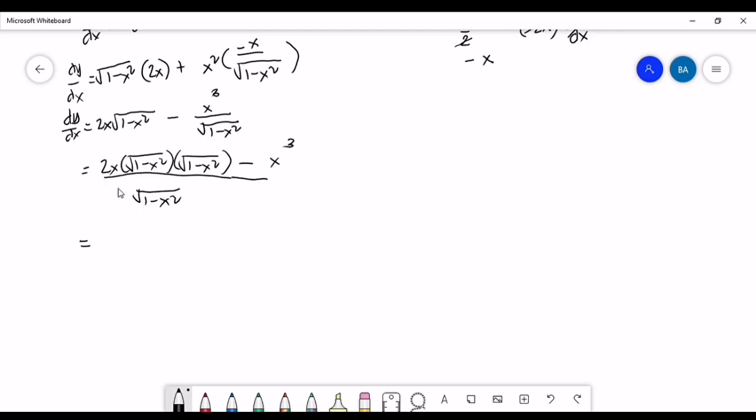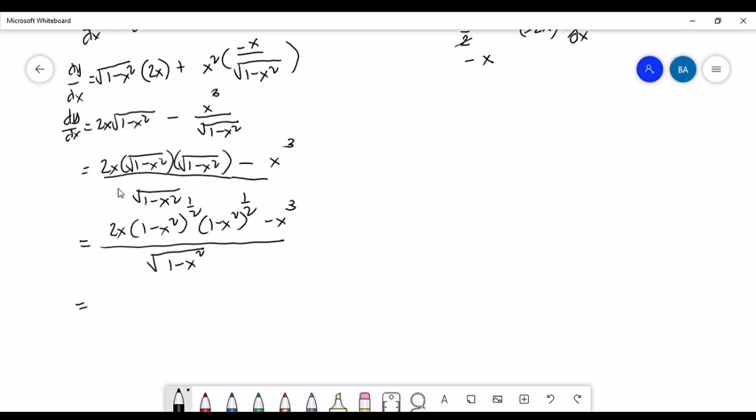That is 2x times 1 minus x squared raised to 1/2 times 1 minus x squared raised to 1/2, minus x raised to 3, over the square root of 1 minus x squared.